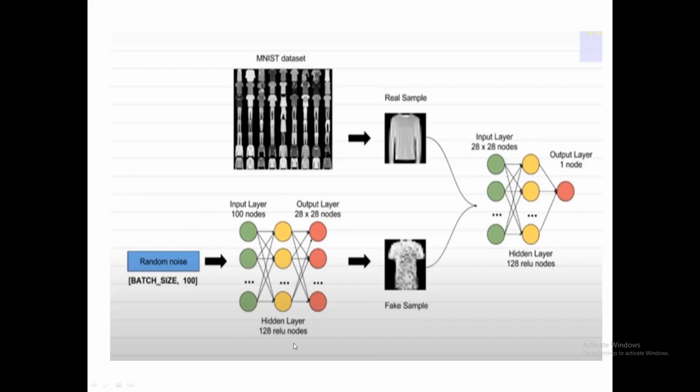There are hidden 128 ReLU nodes. ReLU function is used to remove the negative values. Then the discriminator finds the output, whether the image is real or fake.